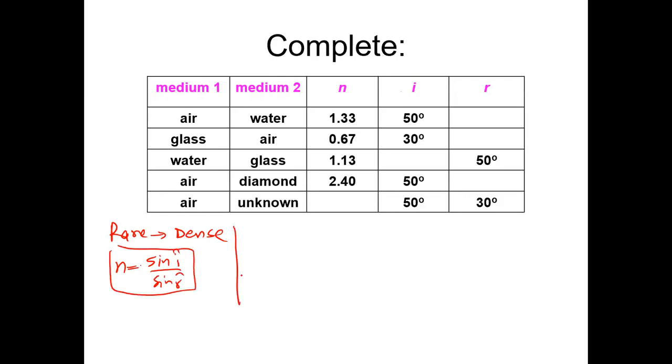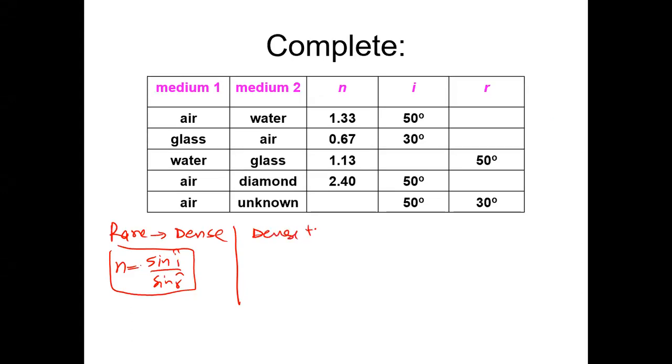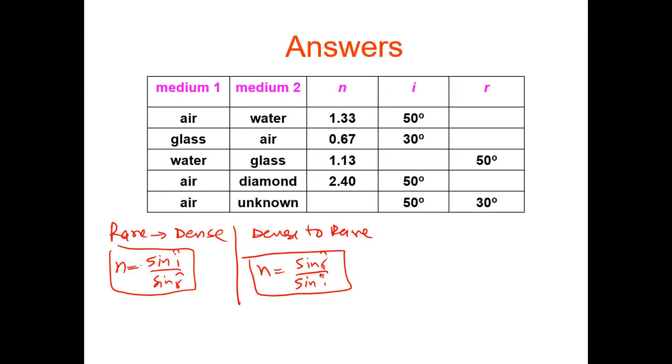But when light goes from dense to rare medium, then you use the formula n equals sine r by sine i. So now you should pause the video and solve all of them, and then play the video to check the answers. I hope everyone got the correct answers.